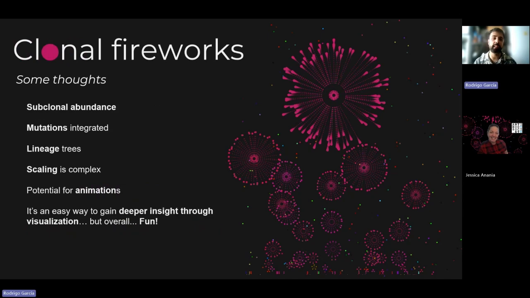And I also tried different things over this image, but I didn't include them finally. For example, I tried to include also the subclonal abundance. Some dots on the radial plots would be bigger if these subclones were more abundant.